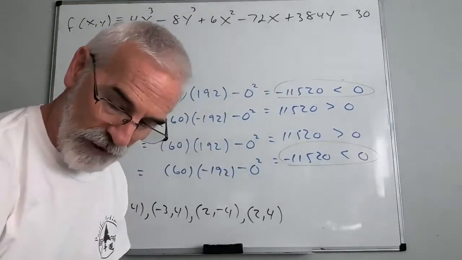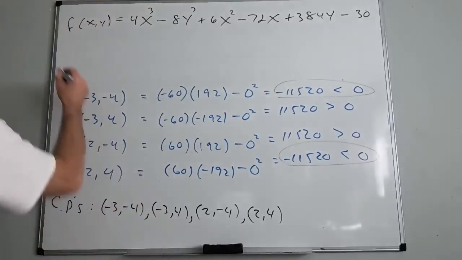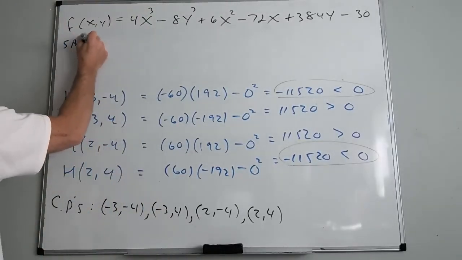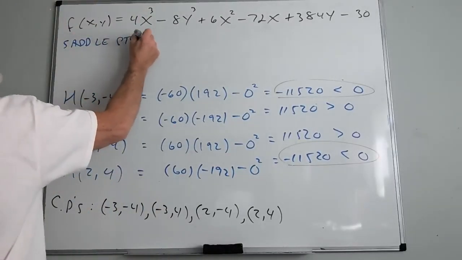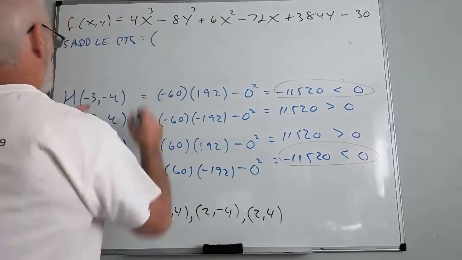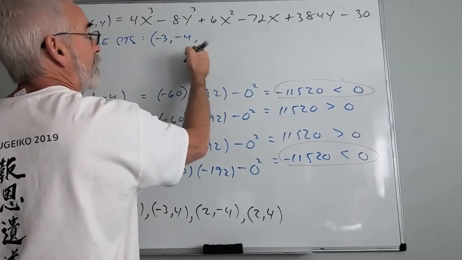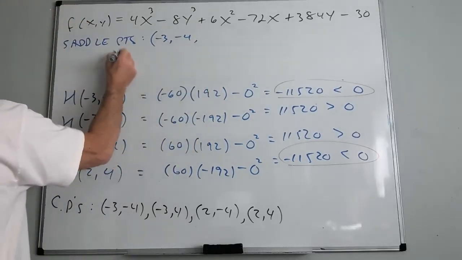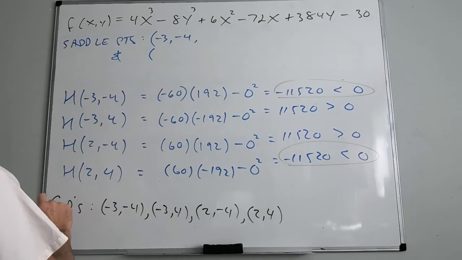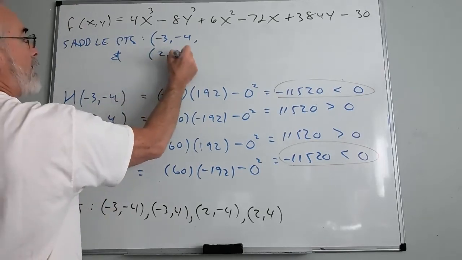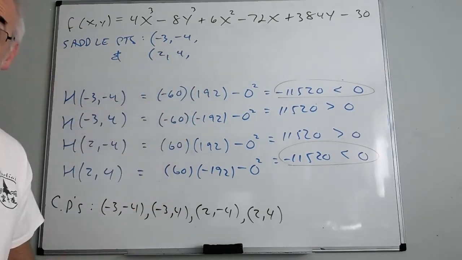So therefore, let me write down the saddle points. We have saddle points at -3, -4, and we have to still calculate it. And at 2, +4, we still have to calculate that.